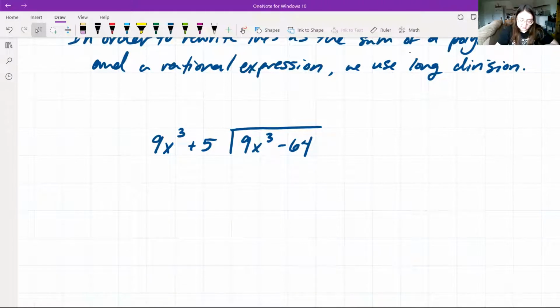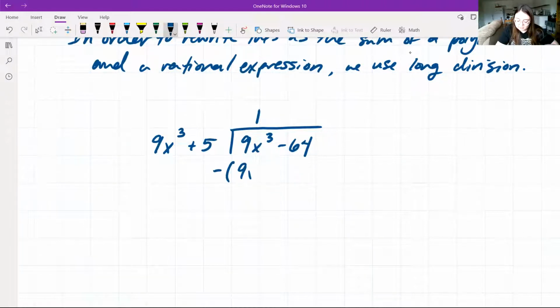So in this case, we have 9x cubed plus 5, which is dividing 9x cubed minus 64. Our first terms in the dividend and the divisor are 9x cubed. 9x cubed divided by 9x cubed is just 1. So the first value of our quotient is 1. And now we multiply 1 by 9x cubed plus 5, and we subtract that product.